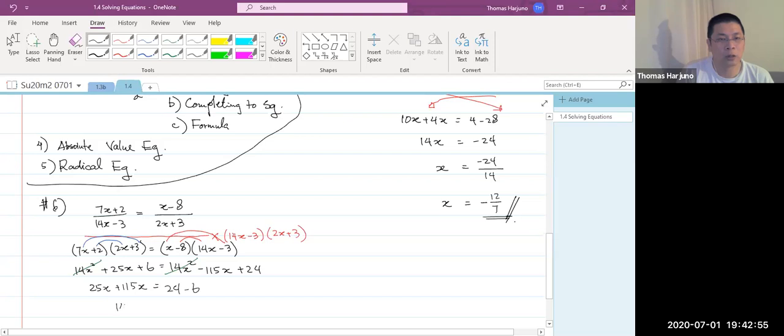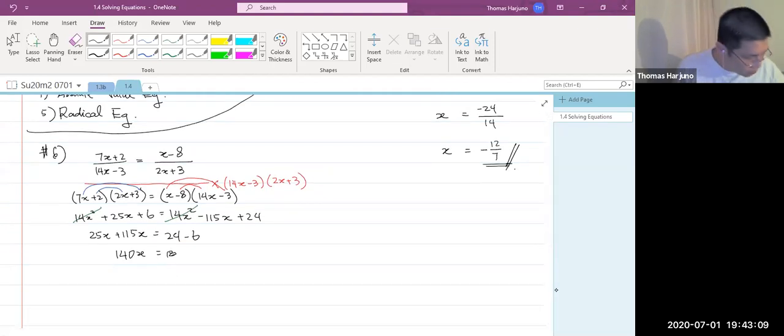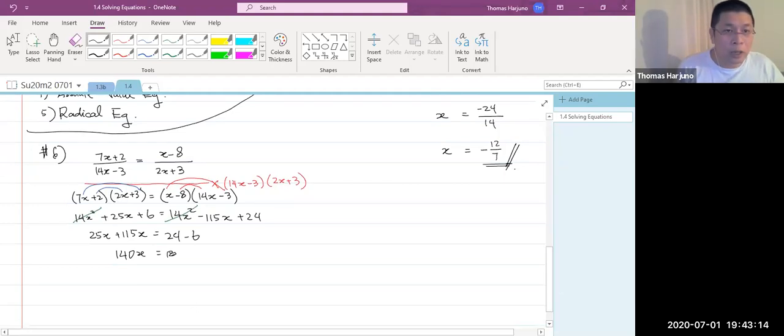This is 140x equals 20, oh no, 18. So I get x equals 18 over 140. Of course, if I can reduce, I should reduce. That's 9 over 70.